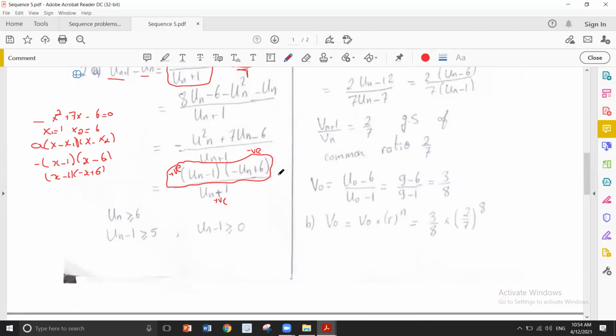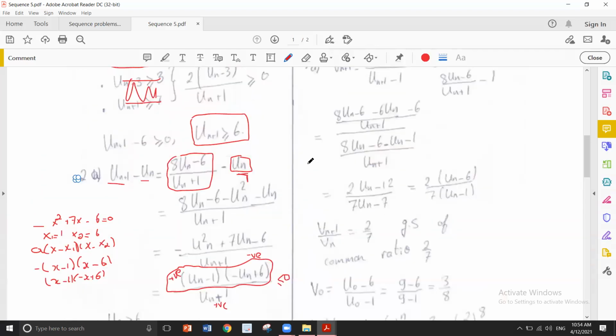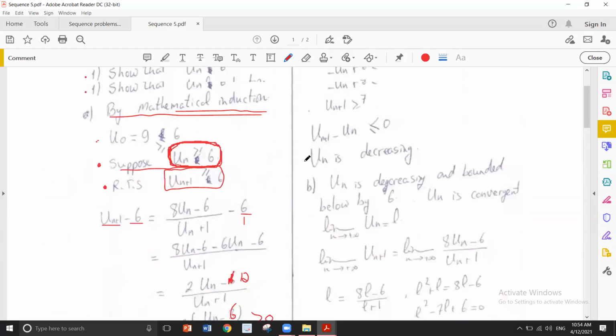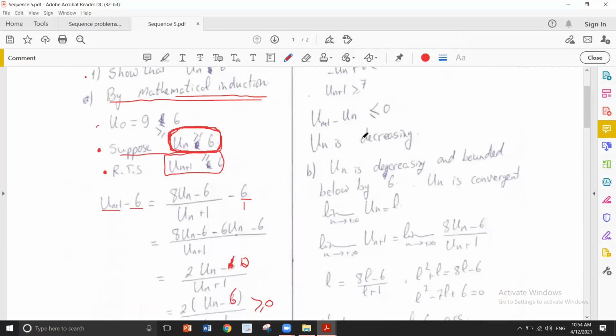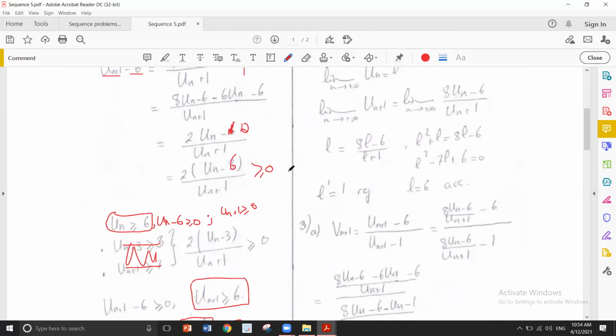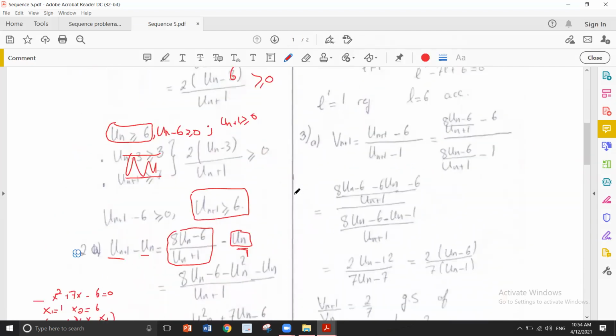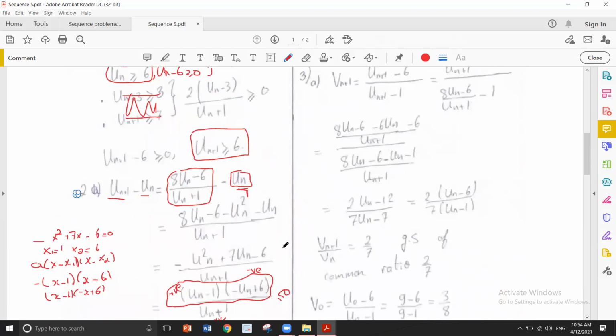So this is less than or equal to 0. So un is decreasing. Un greater than 6 means minus un less than minus 6, so minus un plus 6 is negative. So this is less than or equal to 0. So then un is a decreasing sequence.